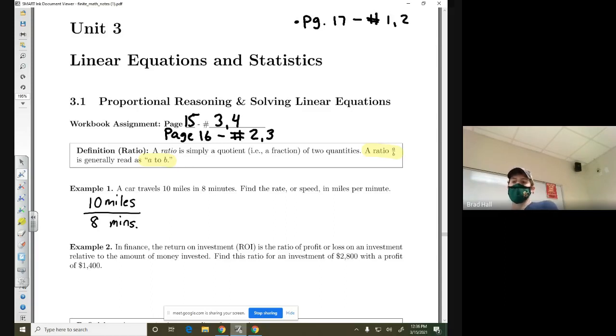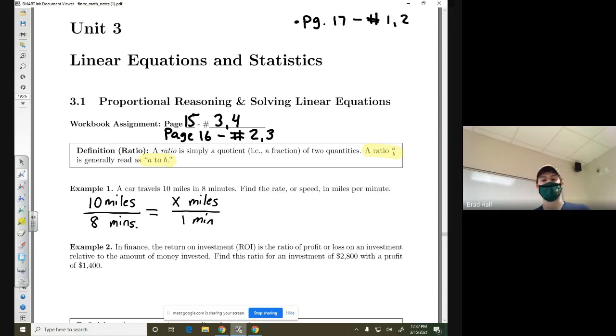But they want miles per minute. That means we simply need to simplify this fraction, narrowing this down into some amount of miles per 1 minute.